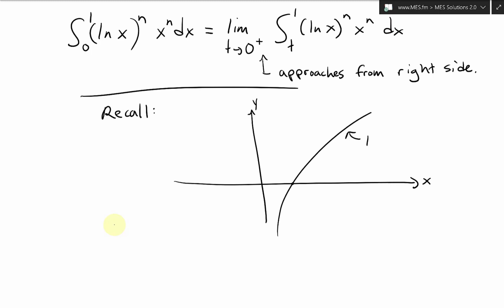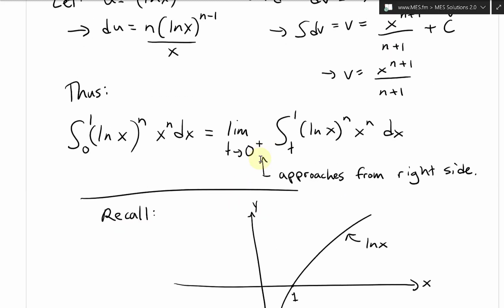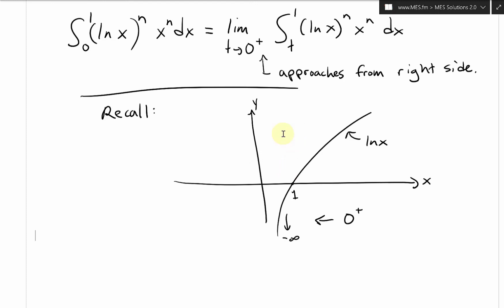At this point it's 0, but as we go toward here it approaches negative infinity. So hence we're going to go from the right side. It's only defined from the right side of 0. It does not exist from the left side. It's approaching 0, and it doesn't actually equal 0 there, so we just approach it.